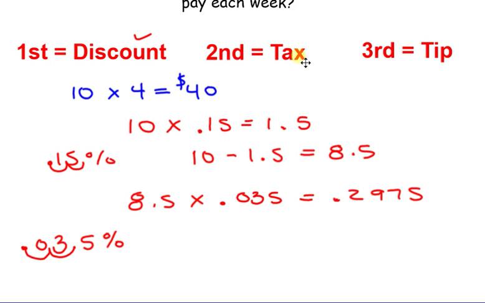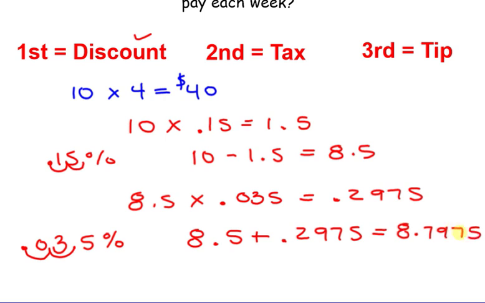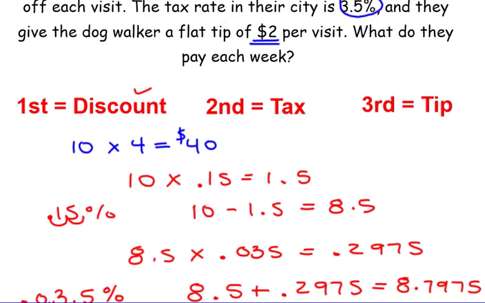Now, because that's a tax, I need you to go back and add that on to the original cost. So 8.5 plus 0.2975. Go ahead and add that up. And you're going to get 8.7975.